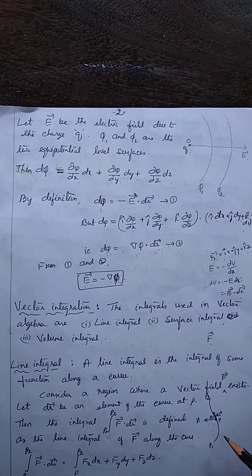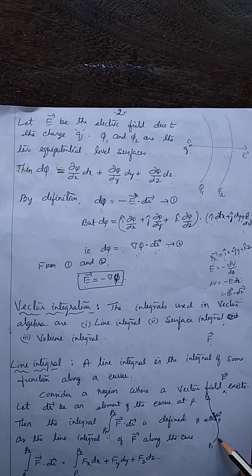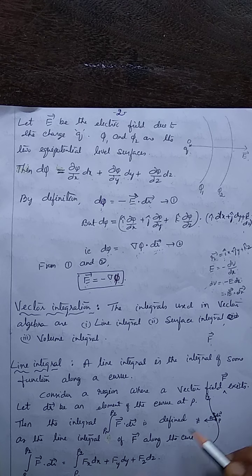We can divide the whole curve P1 to P2 into many such dr. Then the dot product of F and dr, F dot dr, summed along the curve from P1 to P2, is nothing but the integral.